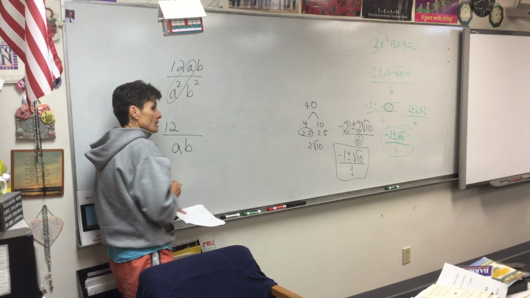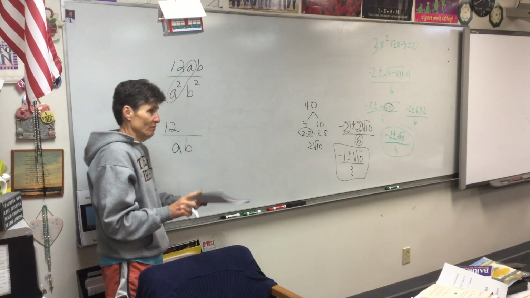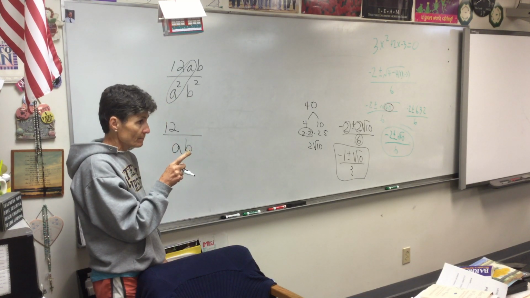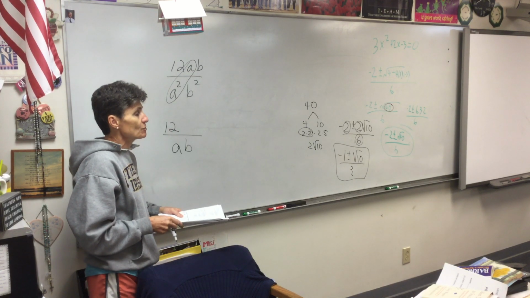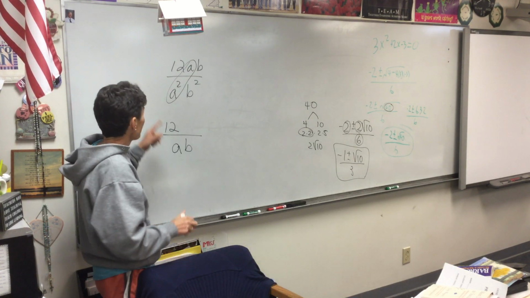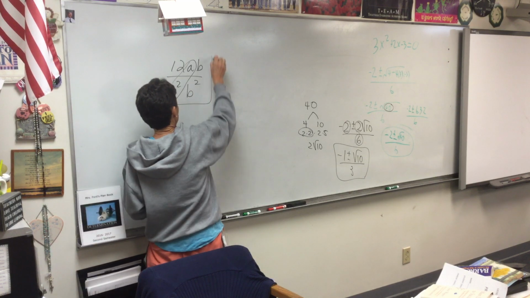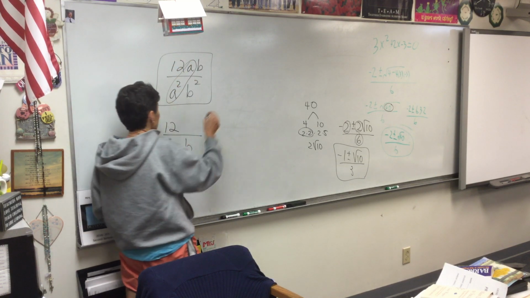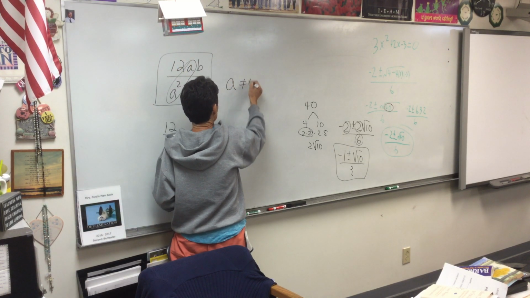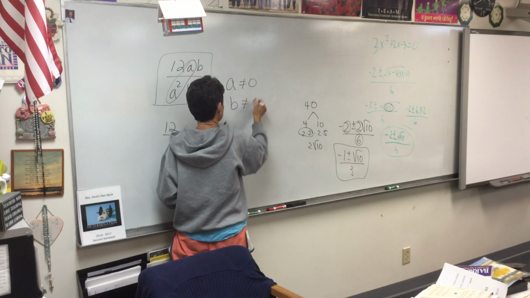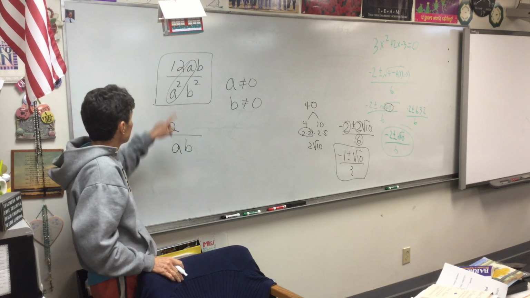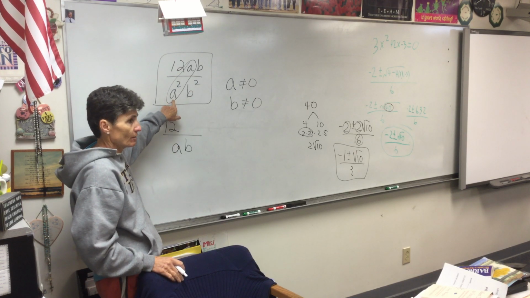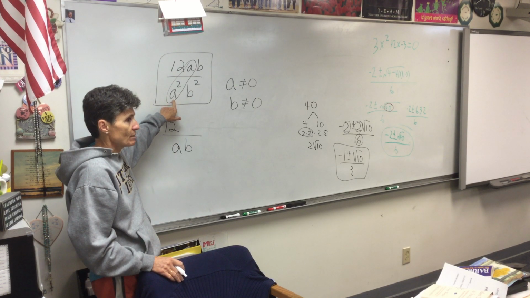Same thing. So part 1 says simplify. All right? Now part 2 says state the excluded values of the variables. What that means is, look at your original problem. A cannot be 0 and B cannot be 0. Those are the excluded values. Because what would happen right here if A were 0?